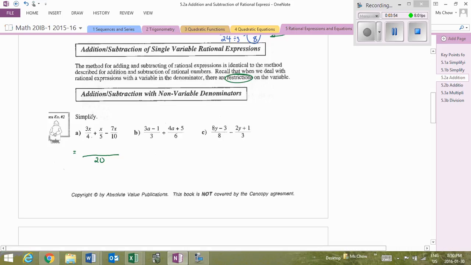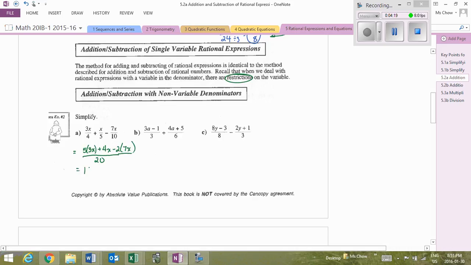So then for the first one, I need to multiply 3x times 5, and then 5 times 3x perhaps. That'll make a little bit more sense. And then the 5 will multiply by 4, so that's plus 4x, and then we need to multiply the 7x by 2.